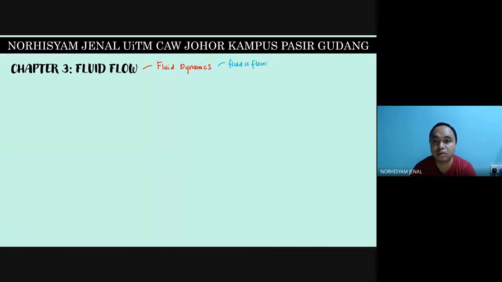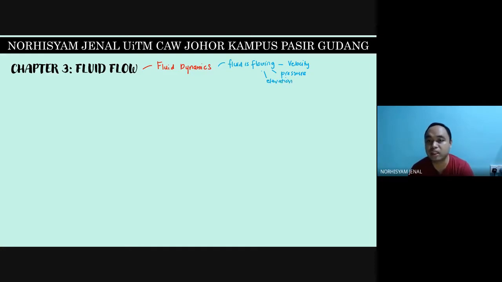Okay, so when the fluid is flowing, it flows at a certain velocity. So the velocity will have an effect on the calculation of pressure and also force. In this fluid dynamics, the main parameters that will be covered are: number 1, velocity; number 2, pressure; number 3, elevation.